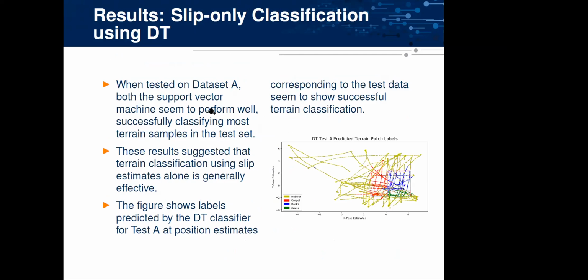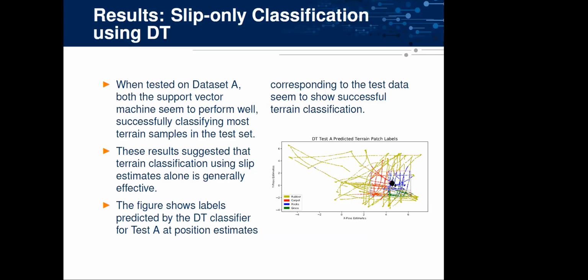And when we train on decision tree, at first glance, when you look at the image on the right and compare to the initial image we saw at the beginning, you are under the impression that the decision tree classifier is performing well.